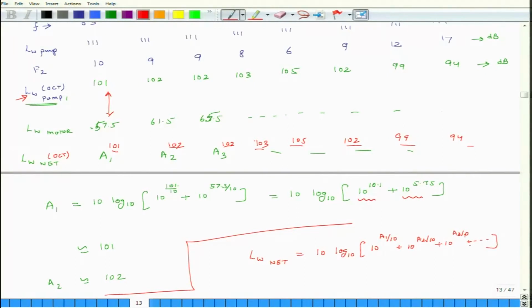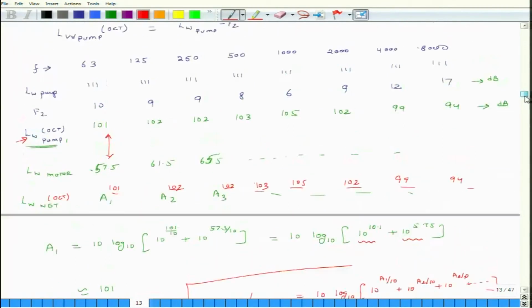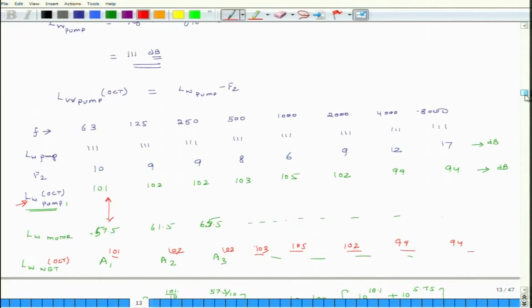What I will eventually get is this number, because this energy has been broken up into different frequency bands. So, the overall power level will still be 111 decibels, because the contribution from the motor is negligible.